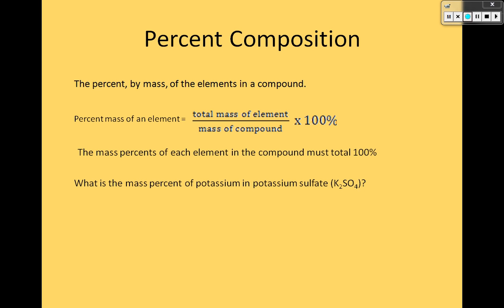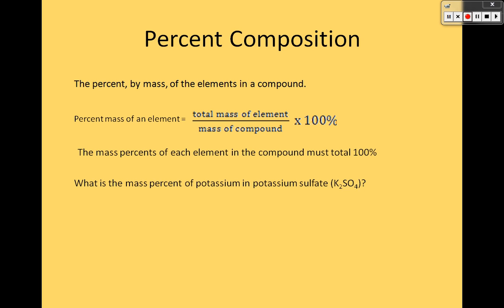So what is the mass percent of potassium in potassium sulfate? And I put in here that potassium sulfate is K2SO4, just so you don't have to stumble upon what's the formula. But if you don't understand kind of intrinsically why it's K2SO4, I would go back and relook at that, because here again you see that knowing the correct formula is going to lead you to the right answer.